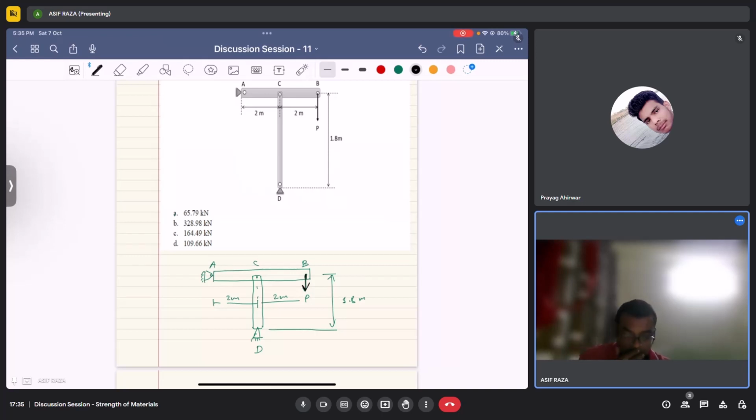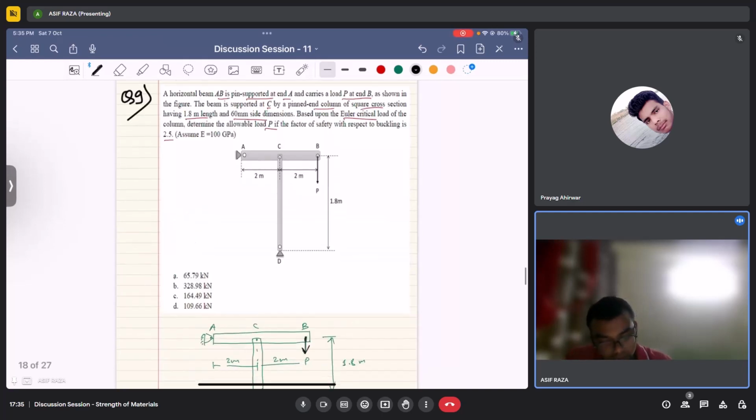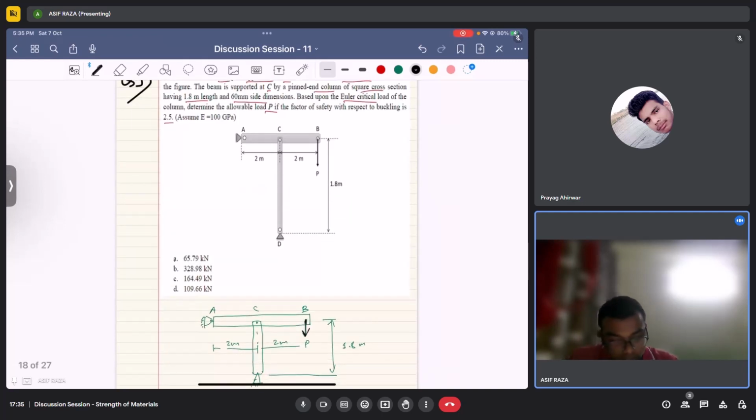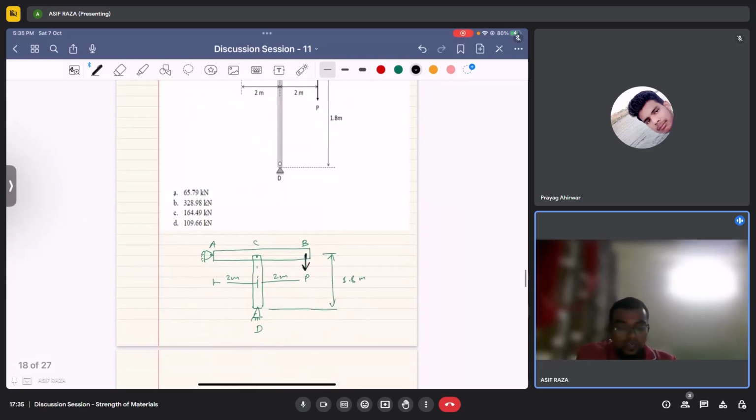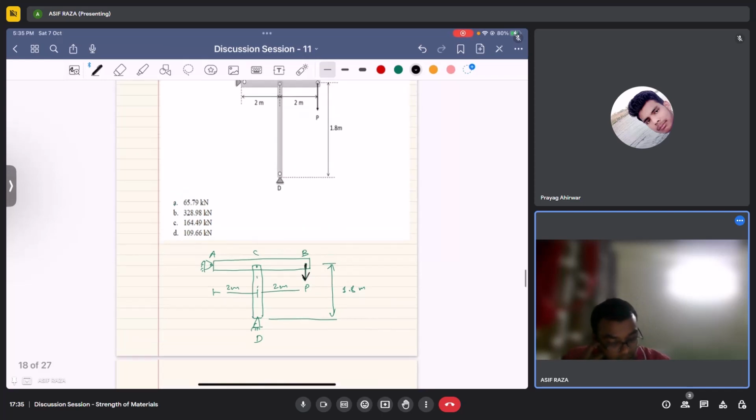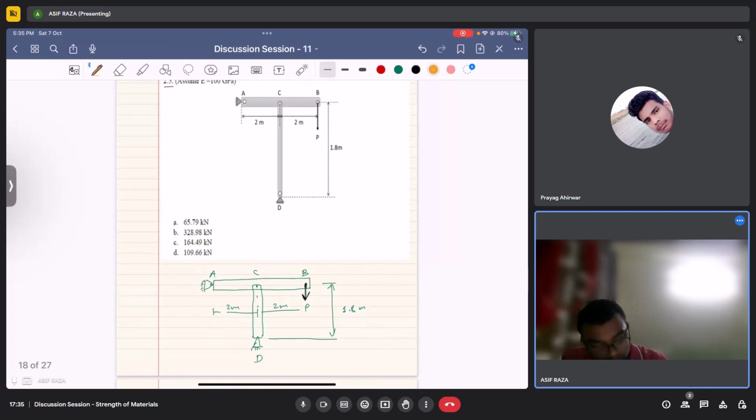So we need to find the allowable load P in this case. First, let us identify what is happening in this system. When the load P is applied here, this system would try to go down.